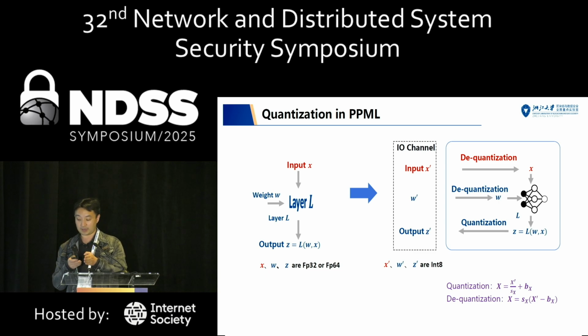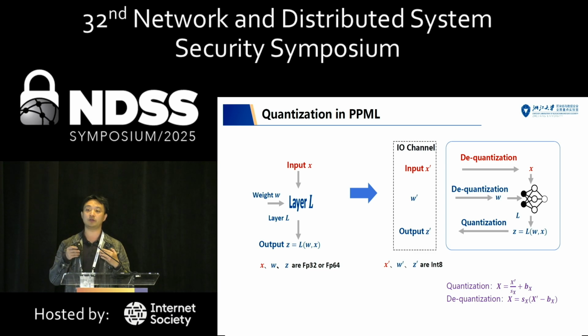W, X, and the output Z are sometimes in FP32 or FP64. Now what we store, we usually introduce some quantized values in int 8 bits: X prime, W prime, and Z prime.